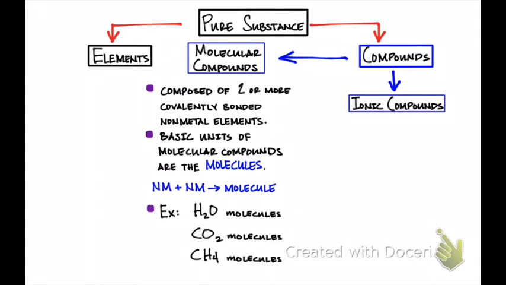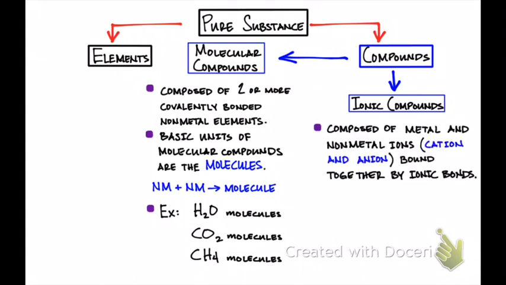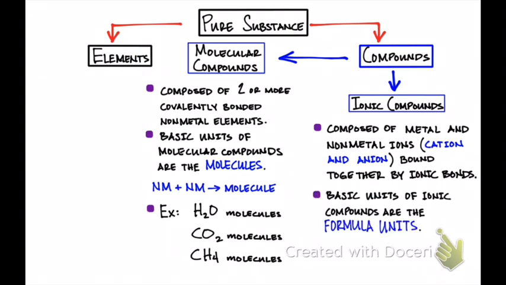Ionic compounds, on the other hand, are compounds that utilize ionic bonds. And so you have basically a bunch of metal and nonmetals that are interacting together to form an ionic bond, right? So it's an electrostatic type of interaction. The basic units of ionic compounds are known as the formula units. So you can have sodium chloride.